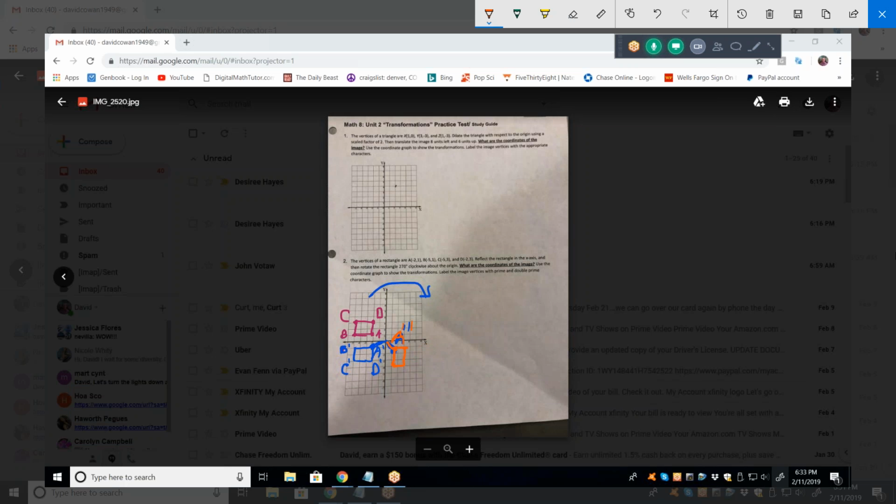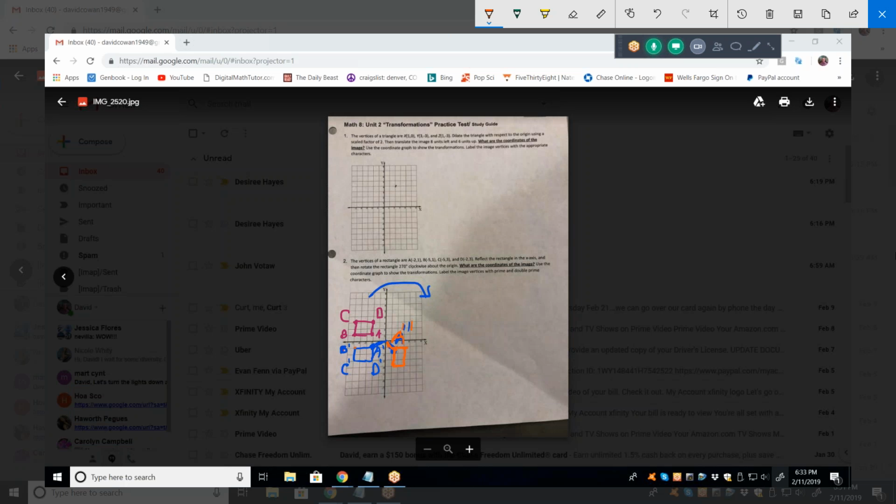Okay. Now, to figure out what corners are what, it's a little confusing. So do the same thing with B prime right here. Connect it to the origin with a straight line. Revolve that straight line 270 degrees clockwise. Where does it come out?